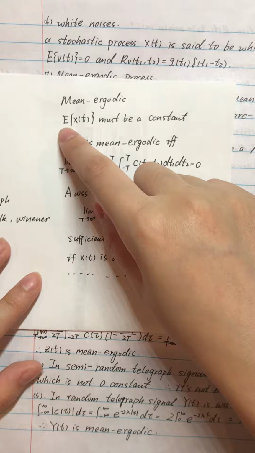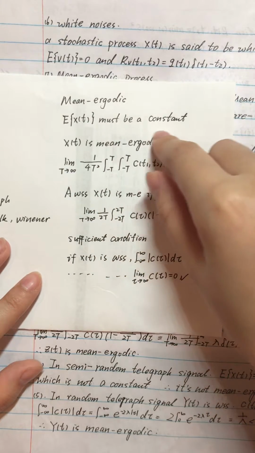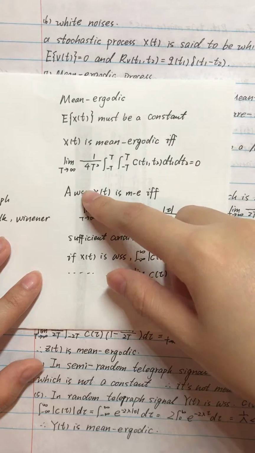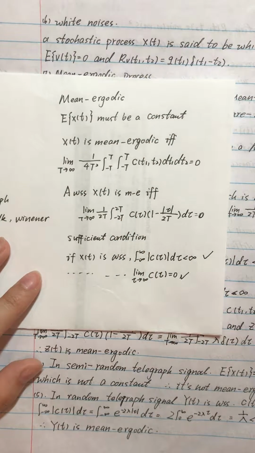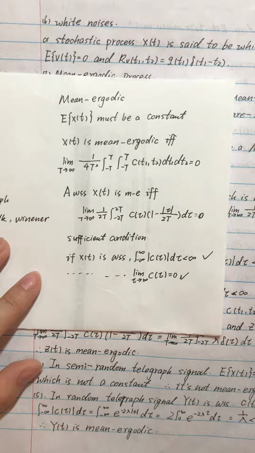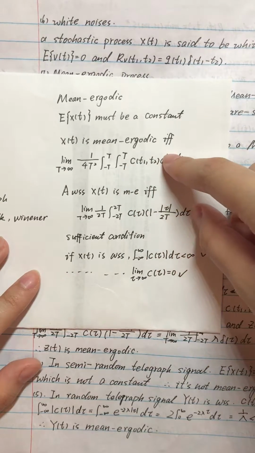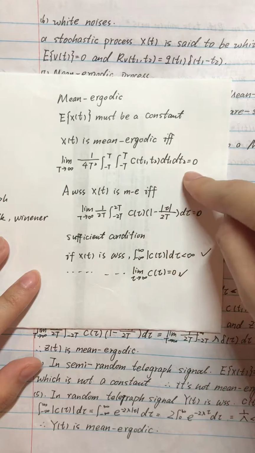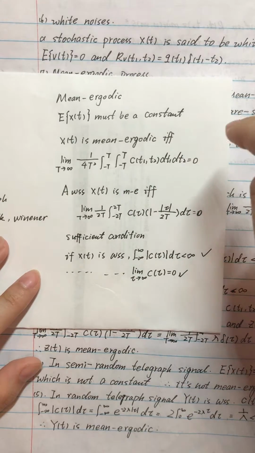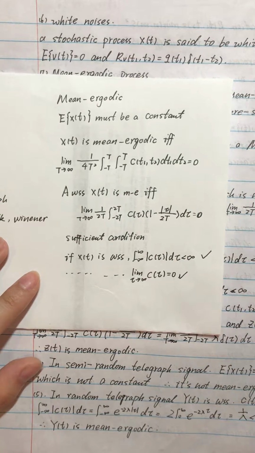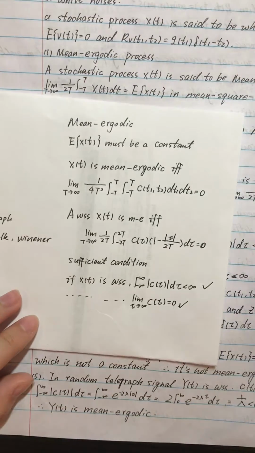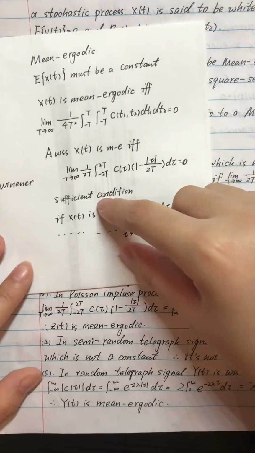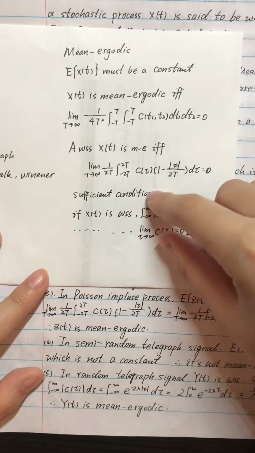Firstly, the mean or the expectation must be a constant, and we have two ways to tell whether a process is an ME process. The first is that the limit of this one equals 0, and the second one is in the definition.